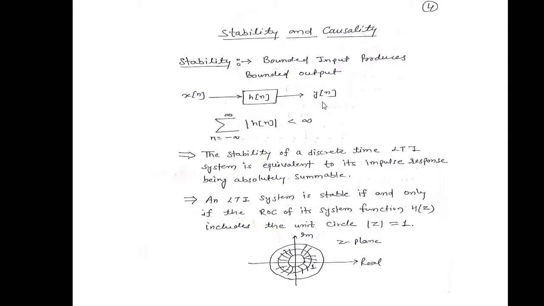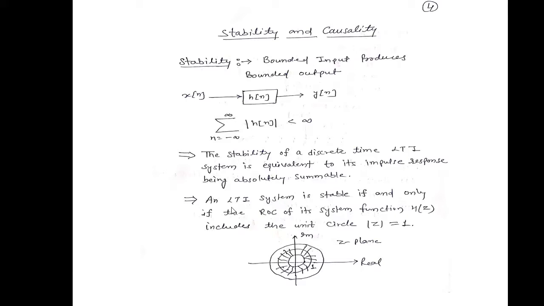So the value of h of n should not be equal to infinite, because infinite is an undefined value and we can't define that particular system for infinite values. The stability of a discrete time LTI system is equivalent to its impulse response being absolutely summable. So this h of n must be absolutely summable.